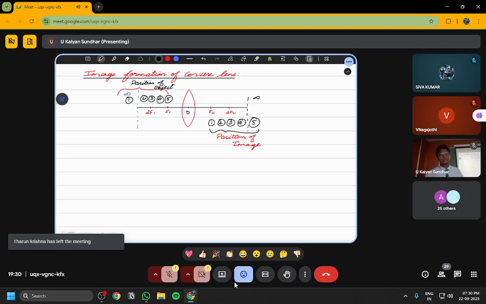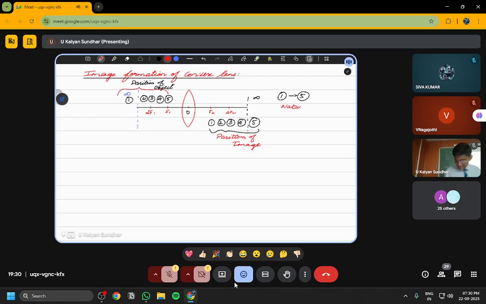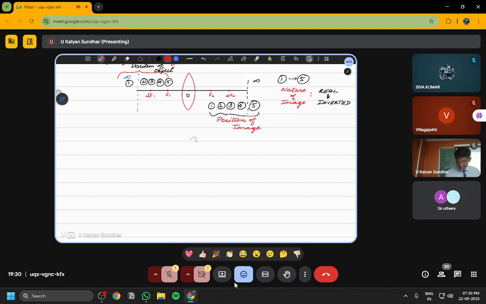What about its nature? Forget about the size, only nature. Real and inverted. So 1லிருந்து 5 வர, the nature of the image is real and inverted. Am I right?